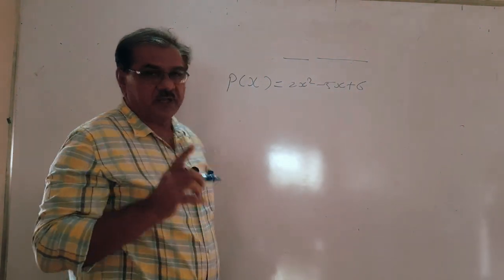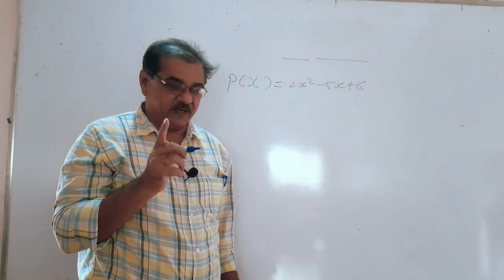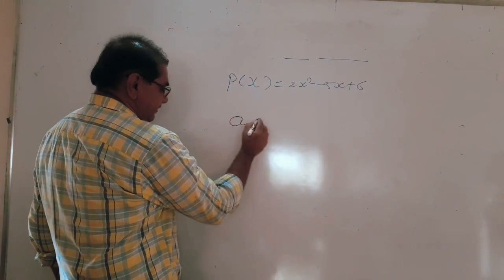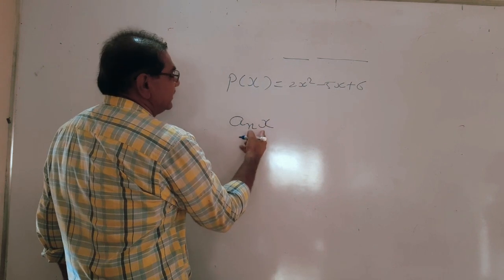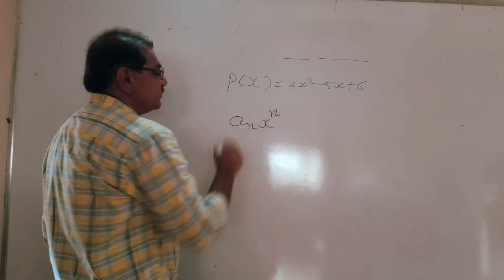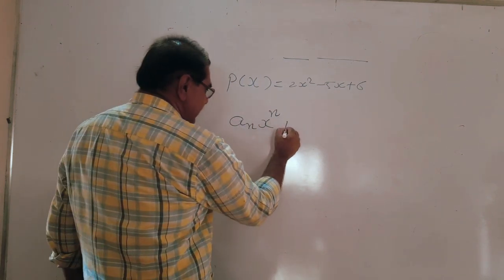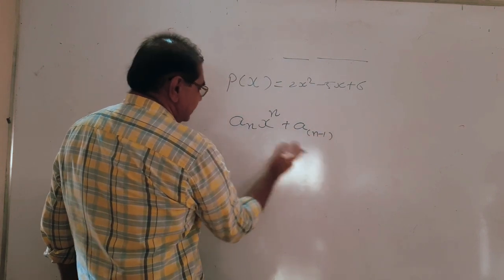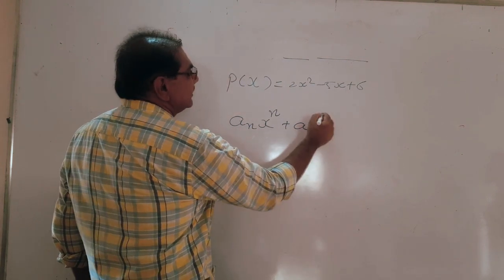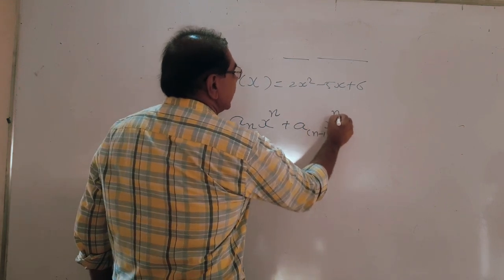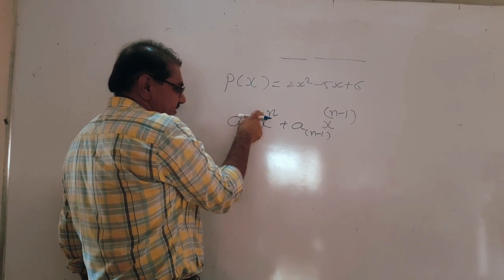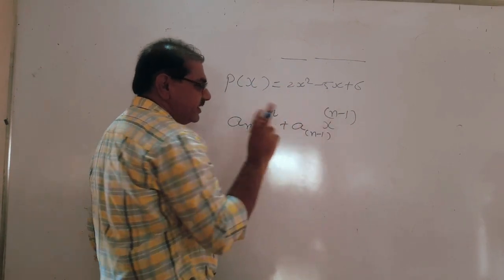suppose the number of terms in this polynomial is n, and I start this way. The first coefficient is an and x is the variable raised to n. Then next will be 1 less, the second last, and x raised to n minus 1. You can say that the index decreases by 1 every time.